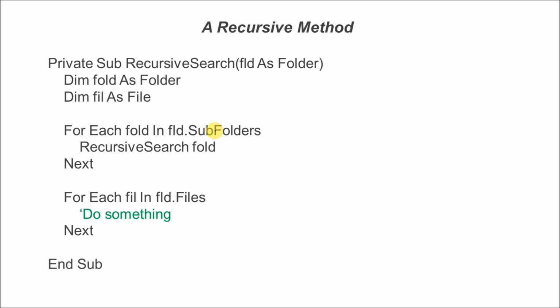So we give it a folder and it finds all the subfolders, and it's going to loop through each folder in that collection and call itself for each folder. So the function calls itself with this new folder and repeats that all over again. This folder then becomes the input. It gets the subfolders collection of it and goes to the first folder in that collection, and we continue to do that until it can't find any more folders, and those calls begin to resolve themselves.